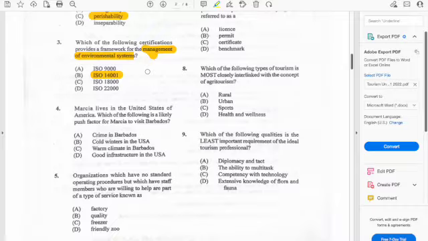Marcia lives in the United States of America. Okay, so she lives in the US. Which of the following is a likely push factor for Marcia to visit Barbados? So what is in the United States that is influencing her to leave?